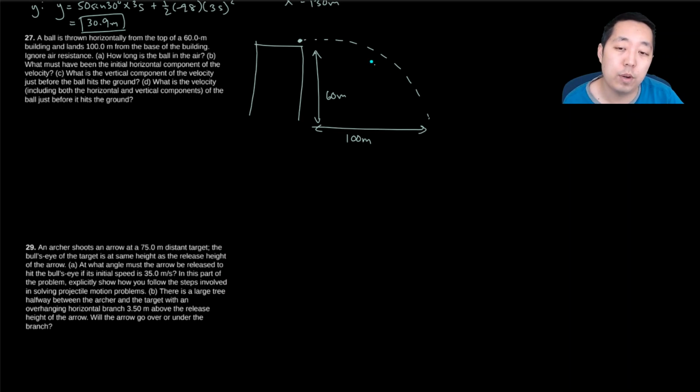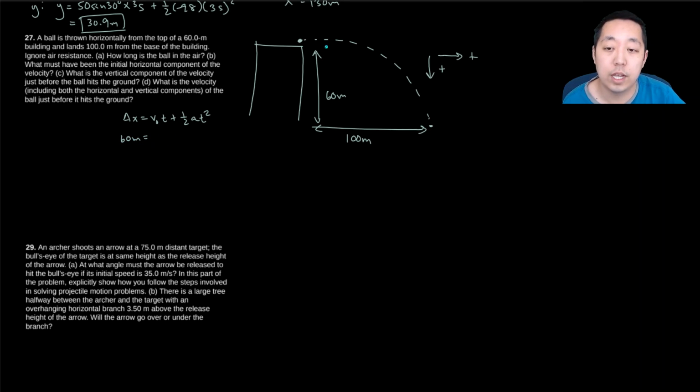This is a fundamental part of projectile motion: when you're talking about stuff in the air, it's always the vertical component of motion that tells you this. So we're still looking at delta x equals v naught t plus 1/2 a t squared, except in the y direction. I'm going to say downward is positive because it's falling, and rightward is positive. So its displacement in the y direction when it hits the ground is 60 meters.